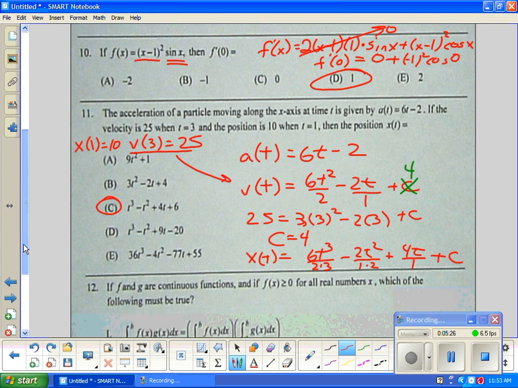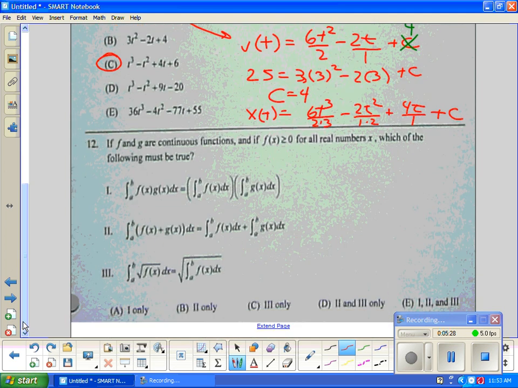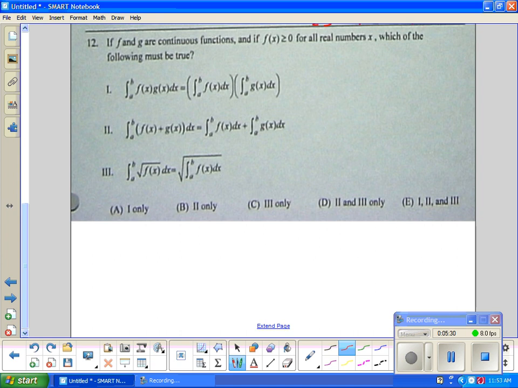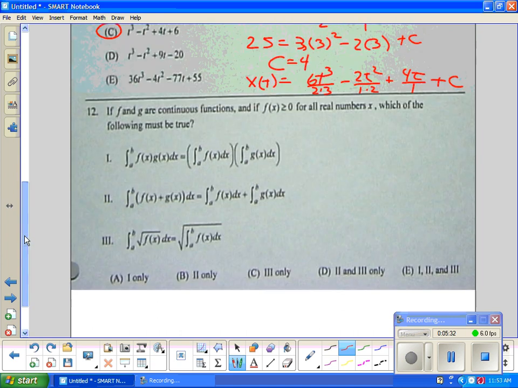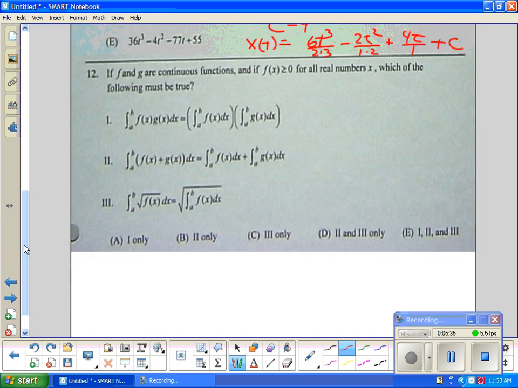All right. We're going to do this one together. These usually confuse us. All right. If f and g are continuous functions, and if f of x is greater than or equal to 0 for all real numbers, which of the following must be true? Okay? And it gives you 3 Roman numerals here. It says, if you integrate from a to b as the product of the two, all right, you can do it as the product of the integrals.